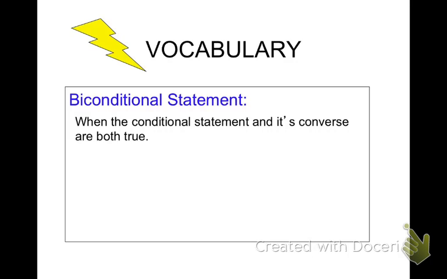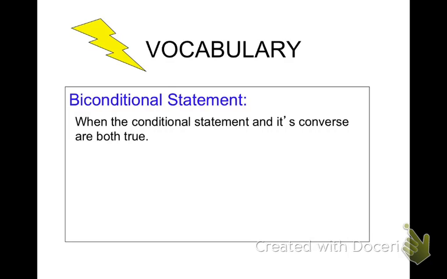Okay, so we can write a biconditional statement when the conditional statement and its converse are both true. So a biconditional statement can be written when the conditional statement and its converse are both true.